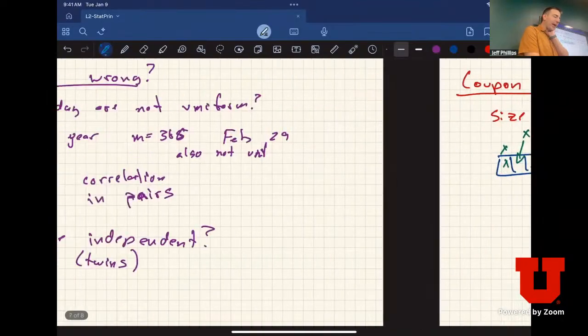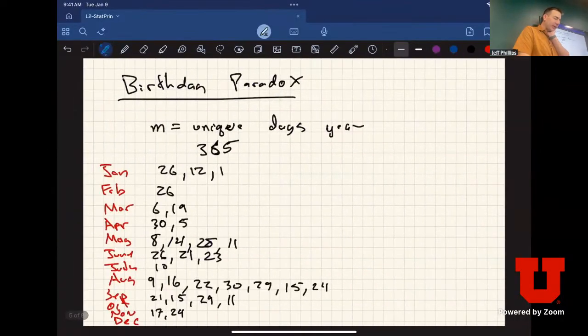In fact, we ran a version of this in our simulation, with the months of the year instead of the days of the year. I think we had no one in October or in December. So we did not see all the different months of the year here.